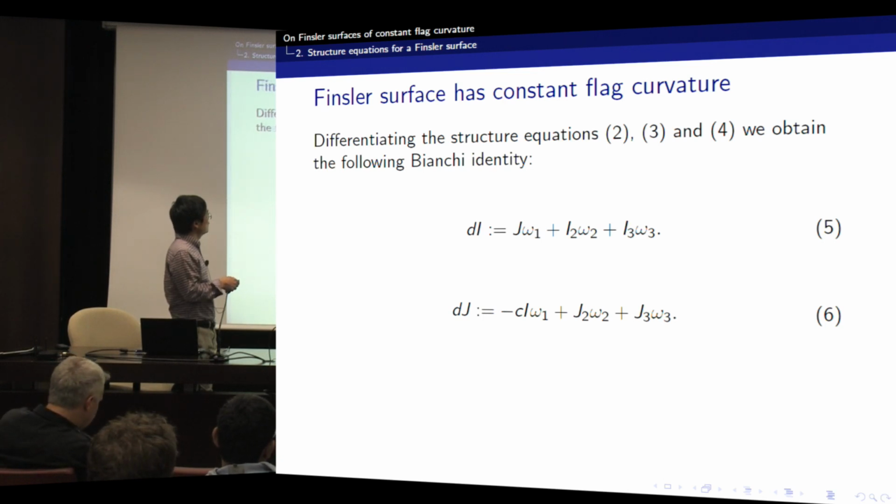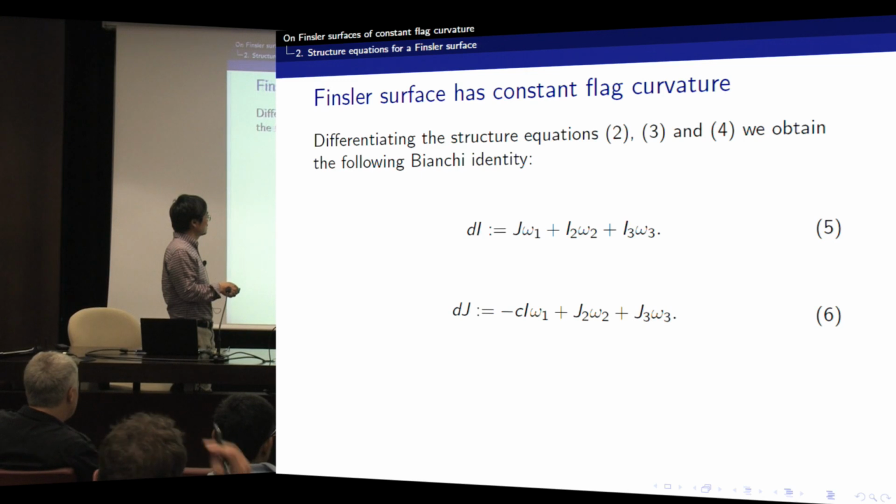This just means J equals I1. And dJ equals minus CI omega 1 plus J2 omega 2 plus J3 omega 3. This just means J1 equals minus CI. I means the main scalar. J means the Landsberg curvature.